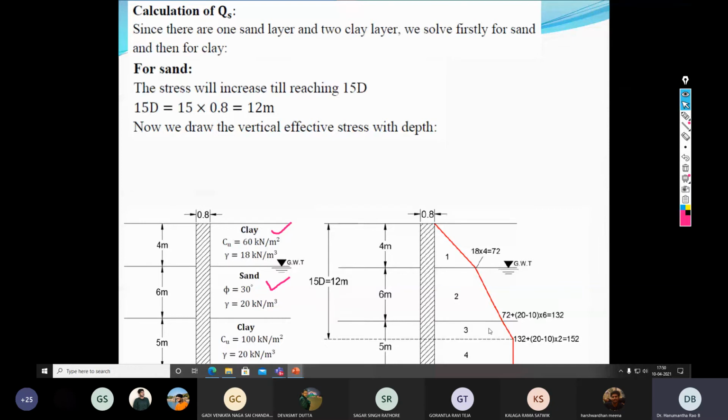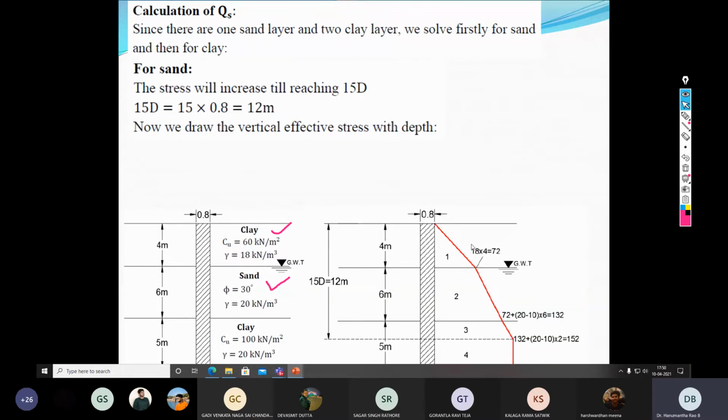Then accordingly, you try to draw the linear variation of the increase in the initial effective overburden pressure. First of all, layer number 1 is clay.